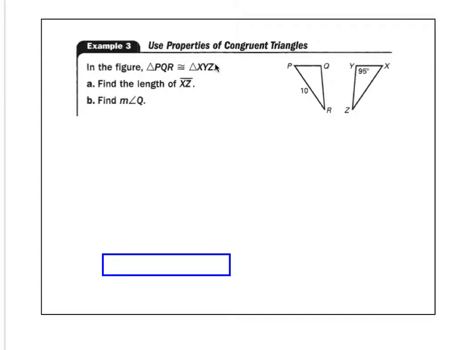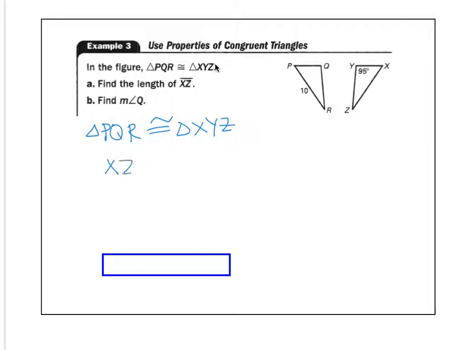Here's the third example. Triangle PQR is congruent to triangle XYZ. Find the length of XZ. Now we know when the two triangles are congruent, PQR is congruent to XYZ, therefore all the corresponding side lengths are congruent.